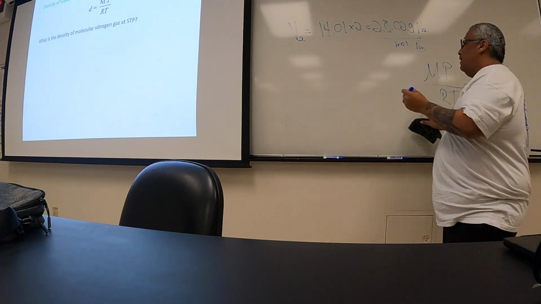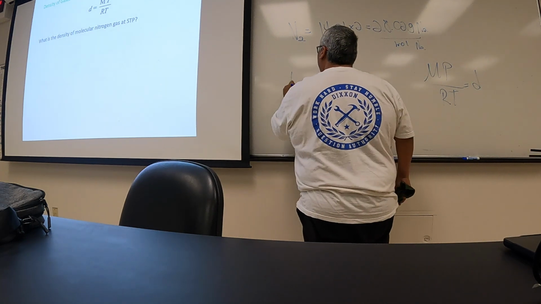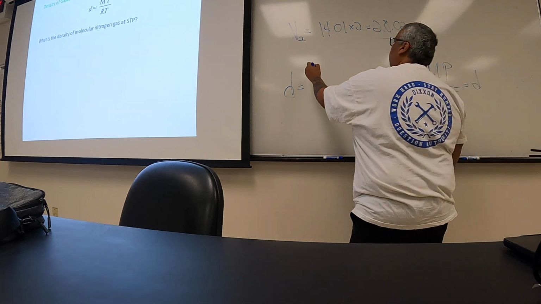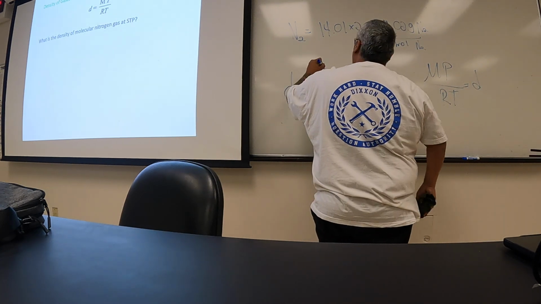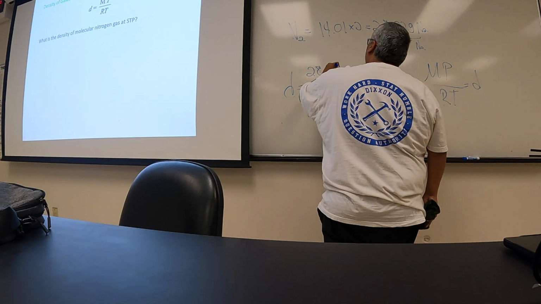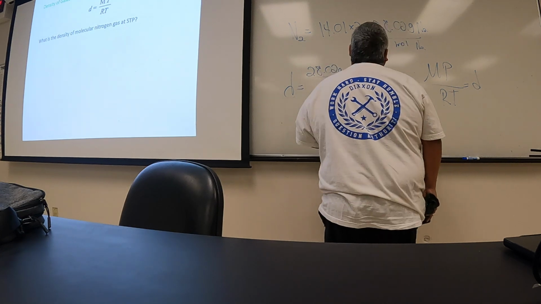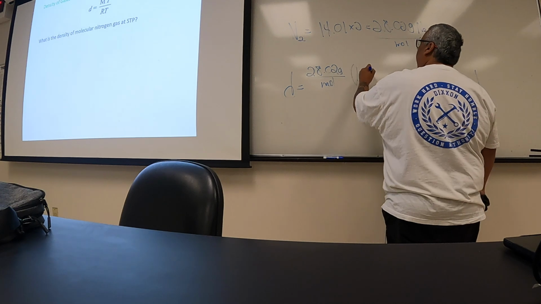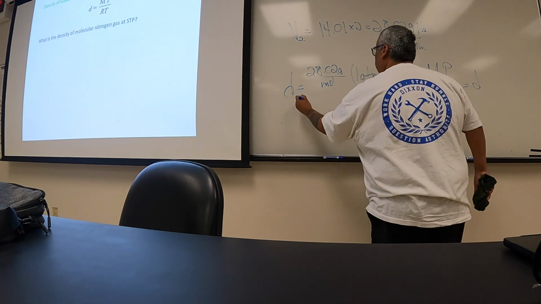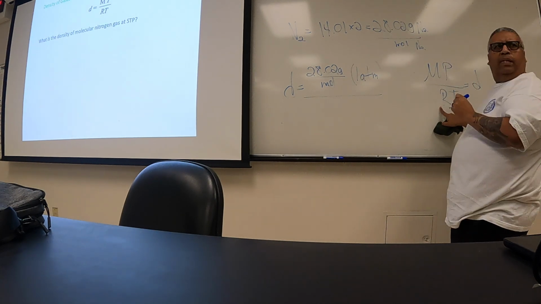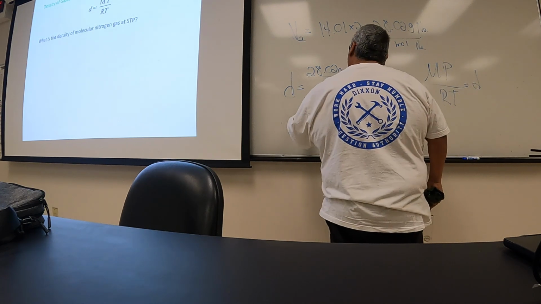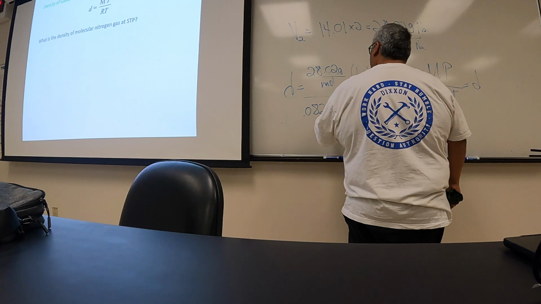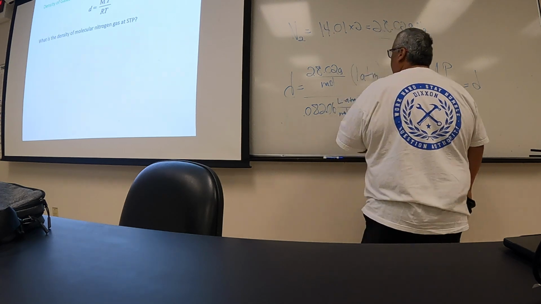So what is the density of this? Well, our density is going to equal this molar mass, so we're going to get 28.02 grams per mole. And at atmospheric pressure, this is going to be 1 atmosphere, STP, over our rate constant, 0.08206 liter atmospheres per mole Kelvin.